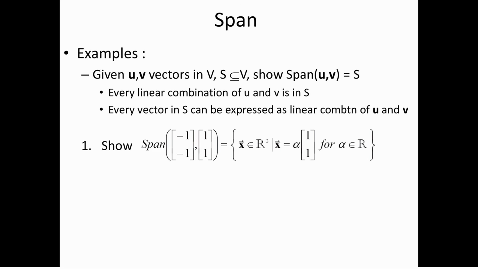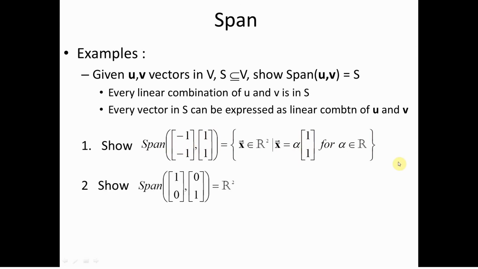As some examples, we can show that the span of these two vectors in R2 is this set, where our capital S is all the scalar multiples of the vector (1, 1). We can show that everything here can be written in this form, and everything in this form can be written as a linear combination of these two vectors.